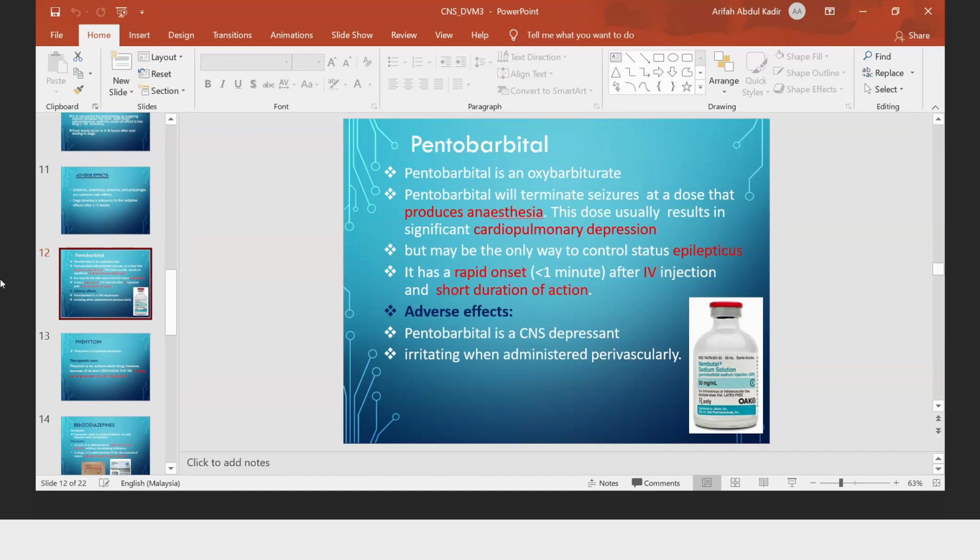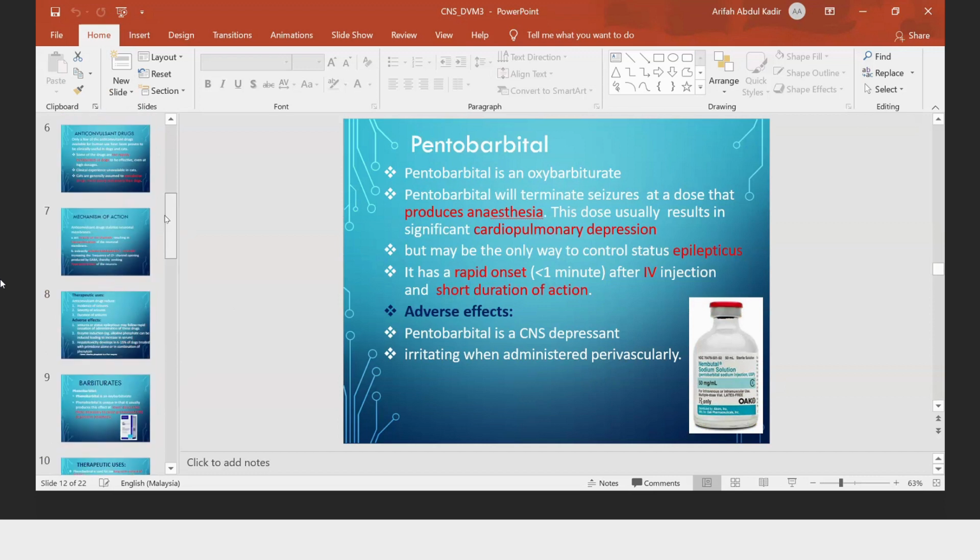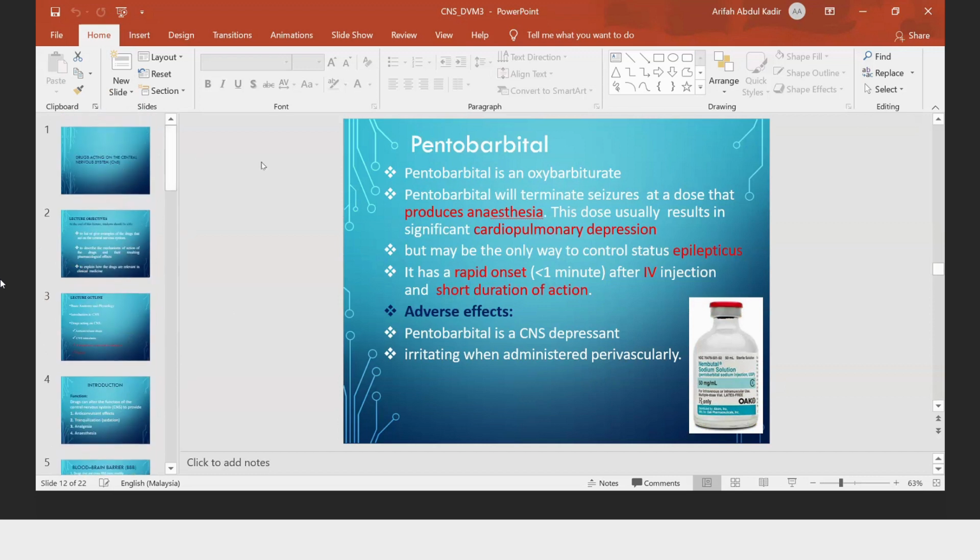Any questions so far? Okay, so that's about these anticonvulsant drugs. Some of these drugs will be repeated later on in the next few lectures, because pentobarbital gives you a general anesthetic effect too.